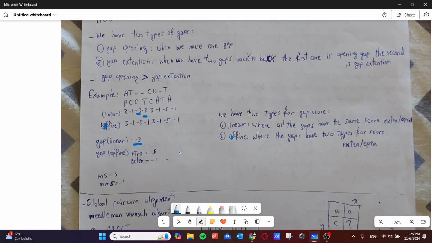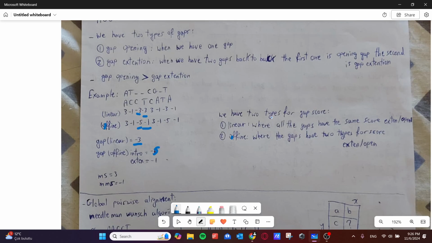In the affine, we have a score for the opening, and this score is different from the score for the extension. So the opening is -5, and the extension is -1. So here, as we can see, the first gap, which is the opening, is -5, and the second gap, which is the extension, is -1.